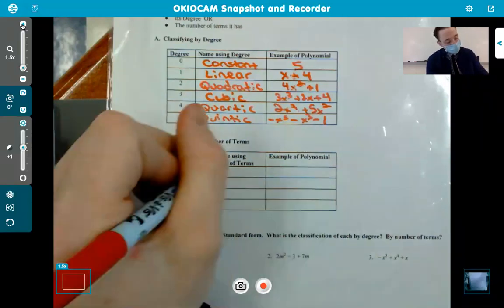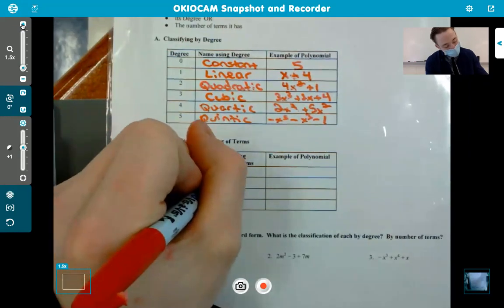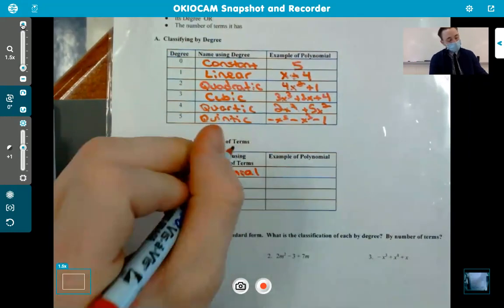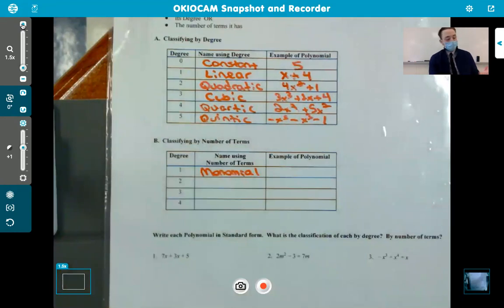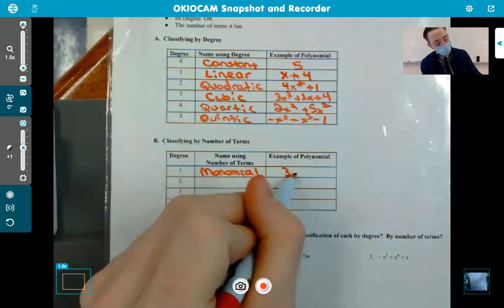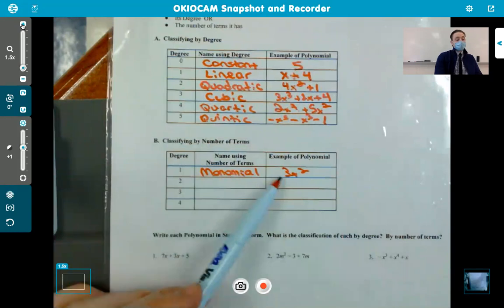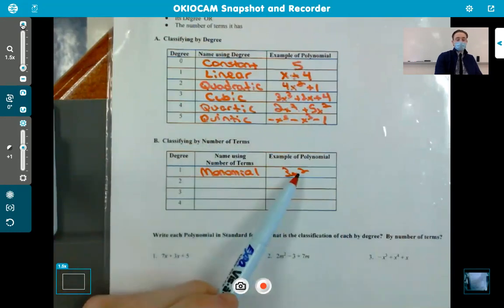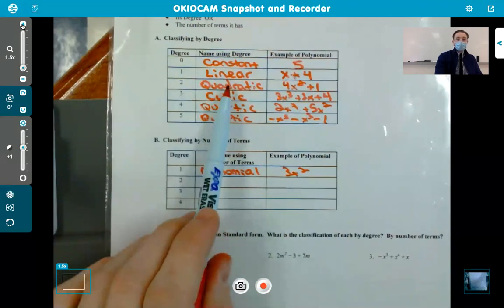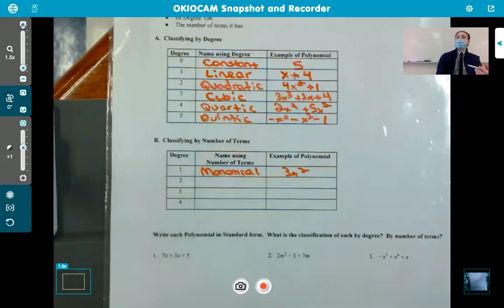Good. So one term, a monomial. So like if we have just like 3x squared, it's one singular term, it's a monomial. It has degree 2, so this would be a quadratic monomial. That's how you categorize, all right?